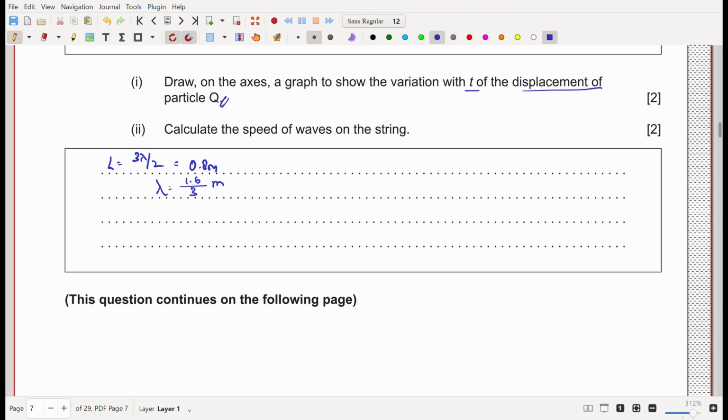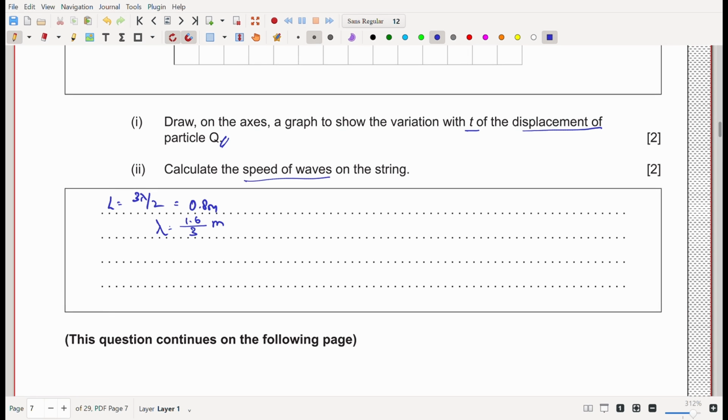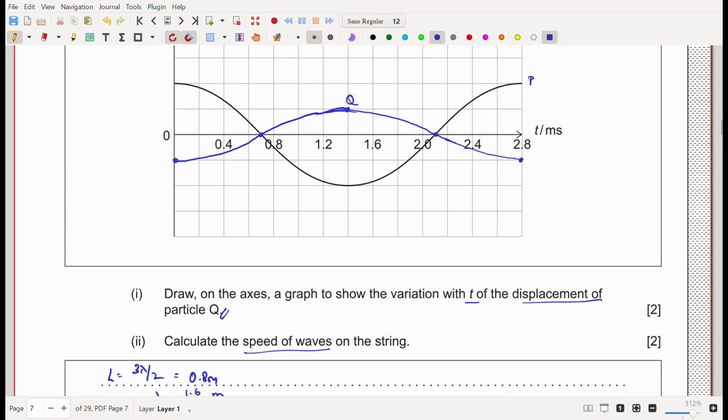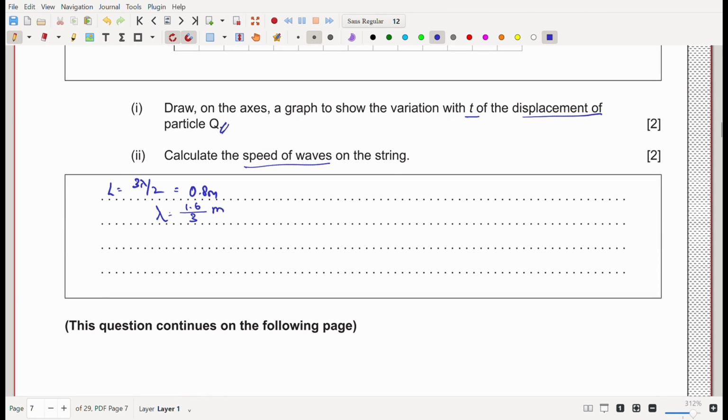And now we are asked to calculate the speed. And you can only get the speed when you have a time, right? So let's look for the time period of the wave. That's going to be 2.8 milliseconds. This is where I really test you guys. You need to be able to look at information from all parts of the question, not just the text, not just the diagrams, combine them both. So the time period is equal to 2.8 milliseconds, which is equal to 2.8 times 10 to the power minus 3 seconds.